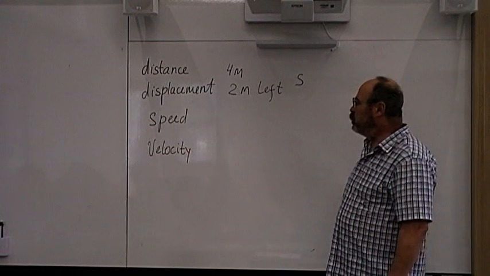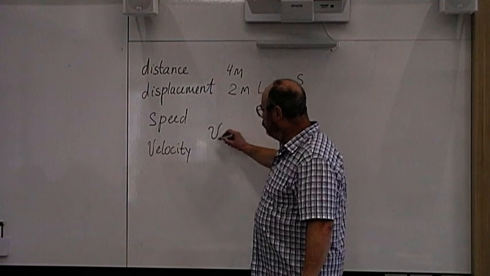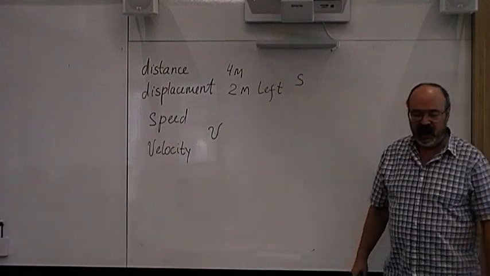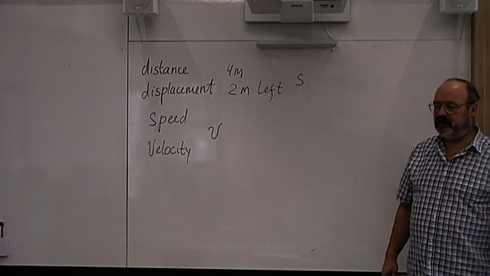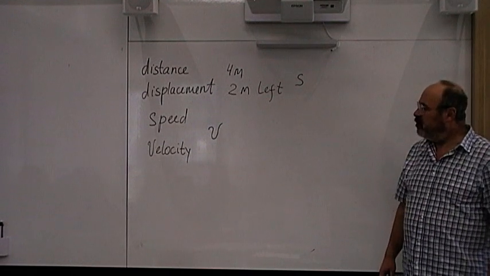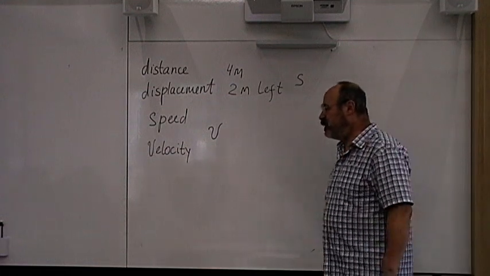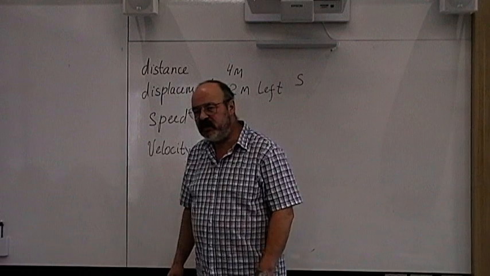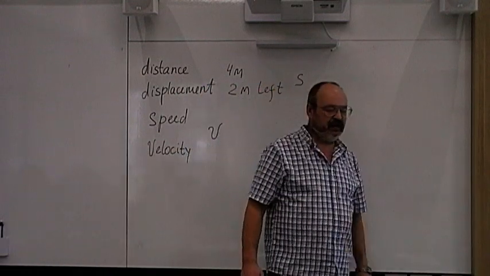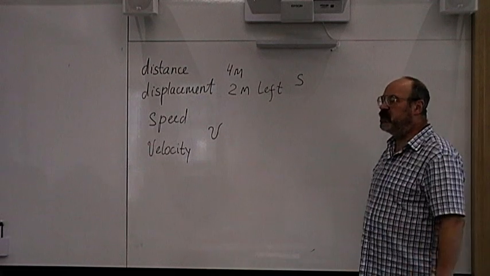Now, speed and velocity, both of them denoted with the letter V from velocity. Because there are 2 different things we talk about with velocity: there is instantaneous velocity at that particular instant of time, and there can be instantaneous speed as well.